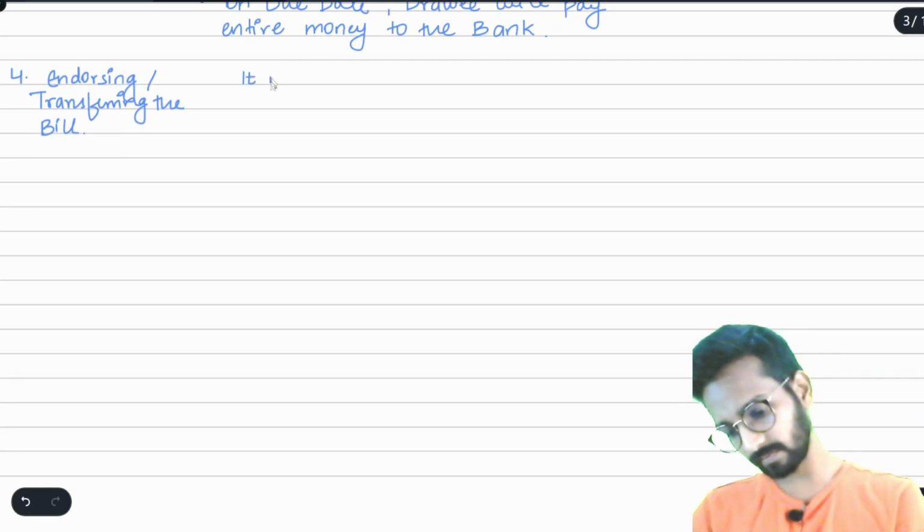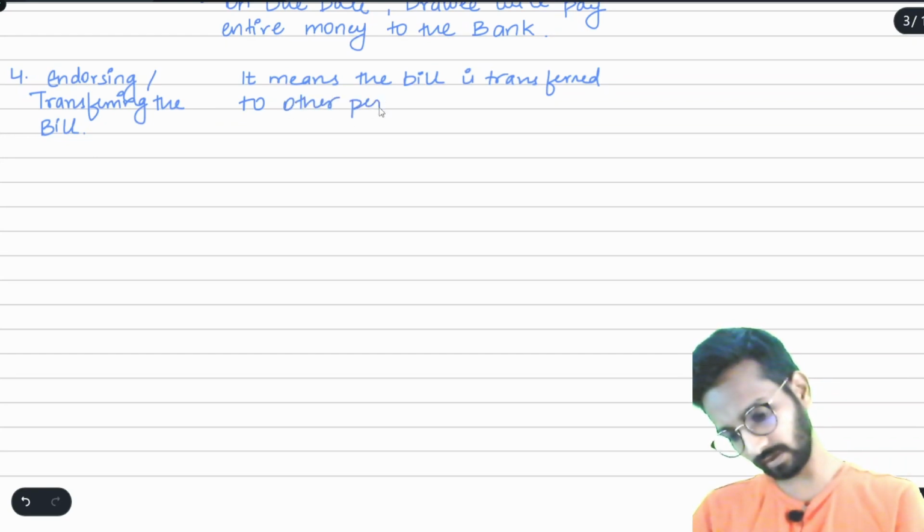It means the bill is transferred to another person. The other person is generally the creditor of A. So I am mentioning here creditor.